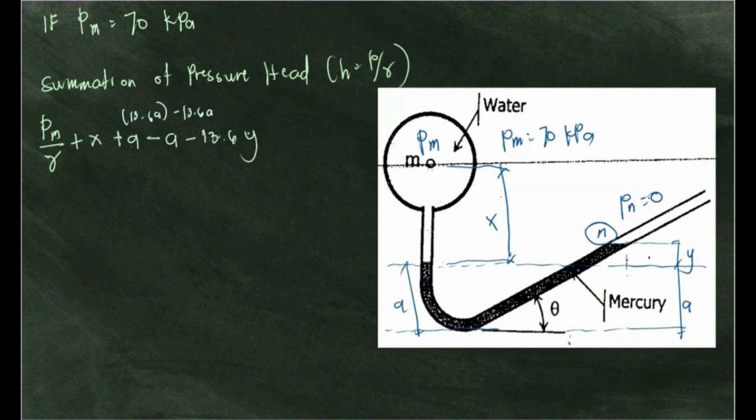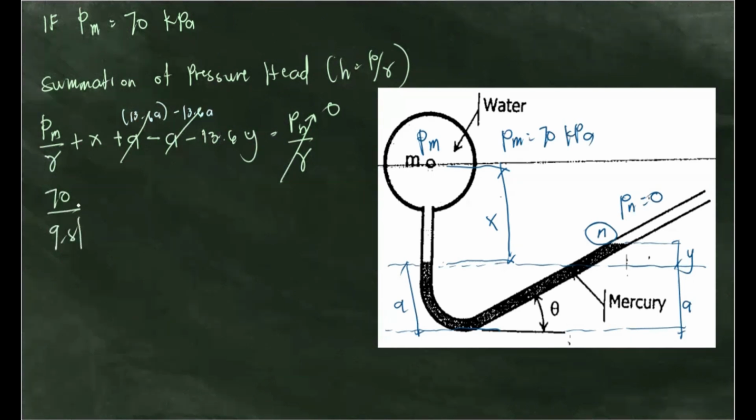Anyway, it becomes 0 because they are like terms with opposing signs. And then what is left is equal to P sub N over gamma. We know that if P sub N is equal to 0, then that is 0. So what is left is P sub M, that is 70 over 9.81.